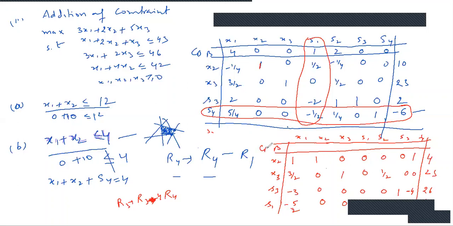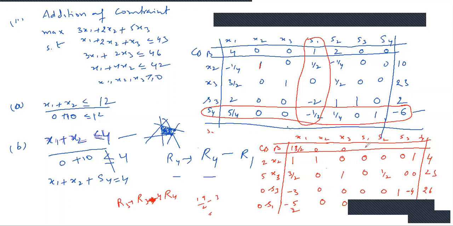And what is your CB? 2, 5, 0, 0. And what is your Zj minus Cj? 15 by 2 plus 2, 4, 15 plus 4, 19 by 2 minus 3. So 19 minus 6 is 13 by 2. 0, 0, 0.